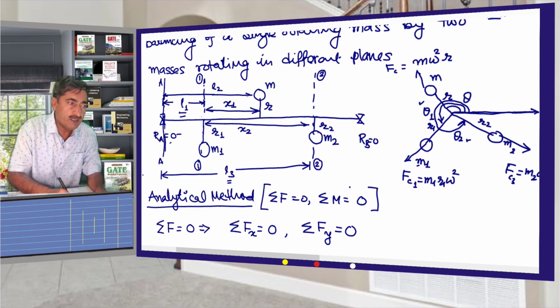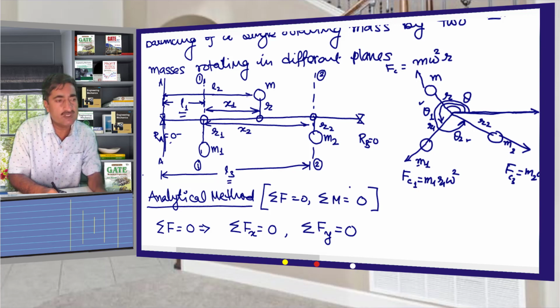You can determine the moment about plane 1, about this, about this. 2 equations from plane 1, 2 equations from this, 2 equations from plane 2, that is 2 plus 2 plus 2.